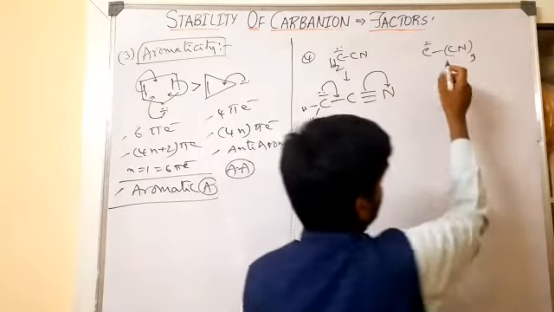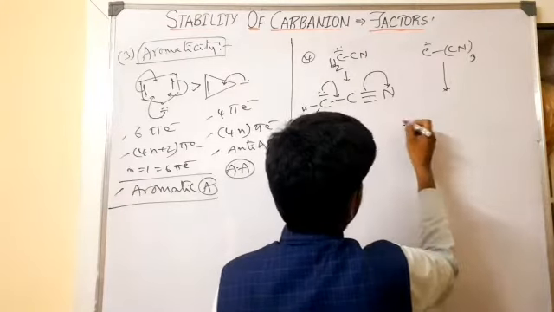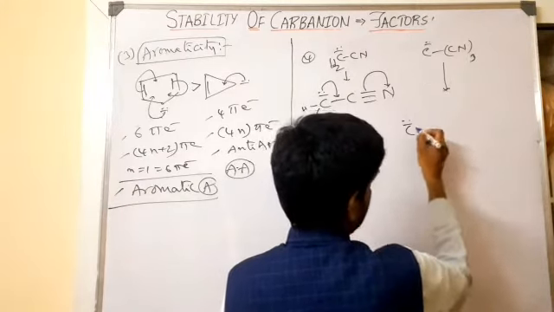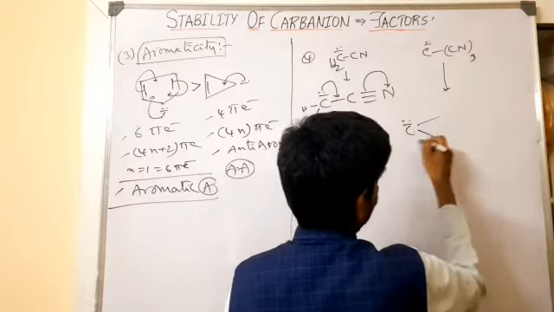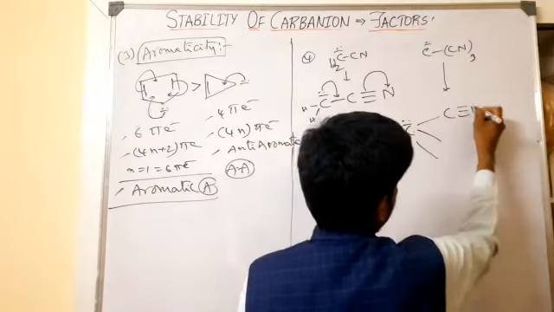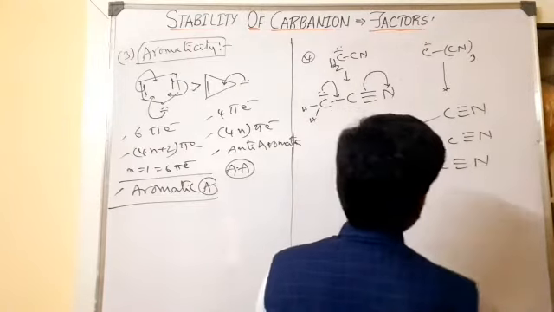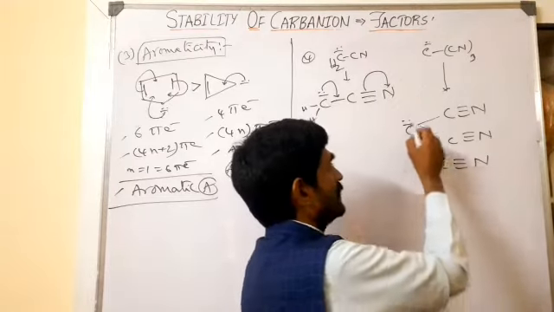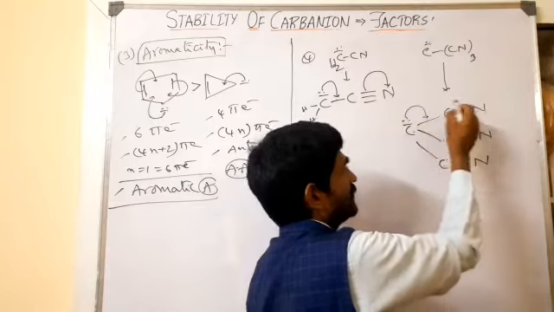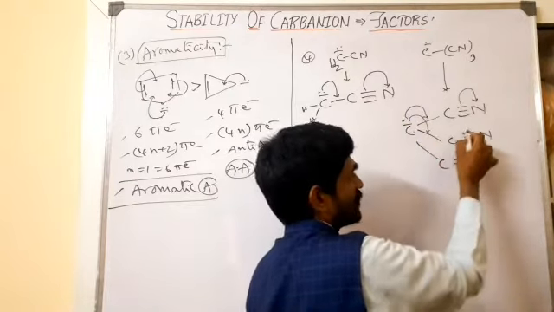Then what about here? This carbon carrying negative charge is bonded with three cyanides. Here a cyanide ion, here also a cyanide ion, and here also a cyanide ion. In this case, the negative charge is dispersed from here to here, then moved from here to here, and then taken by this one also.